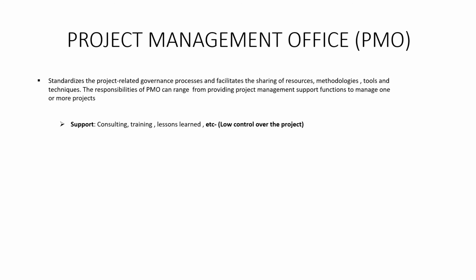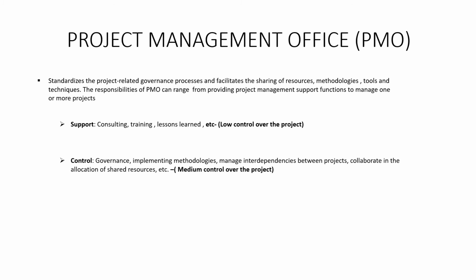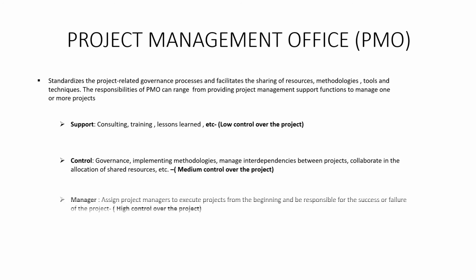Here, the PMO has low control over the project. Control, governance, implementing methodologies, managing interdependencies between projects, collaborating in allocation of shared resources. Here, the PMO has medium control over the project. Direct management: assign project managers to execute projects from the beginning and be responsible for the success or failure of the project. Here, the PMO has high control over the project.